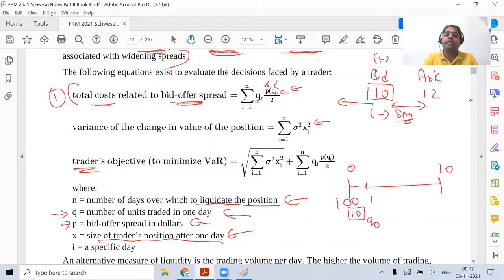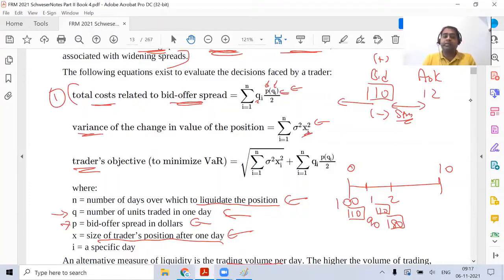Now my holding is only 90, so I only face a risk of 90. When I'm done with the second day, I would have sold 10 more, then I'm only holding 80. Likewise, my risk will keep on coming down, and it is only going to focus on the risk part, or the variance part. Hence, it is only coming over here.